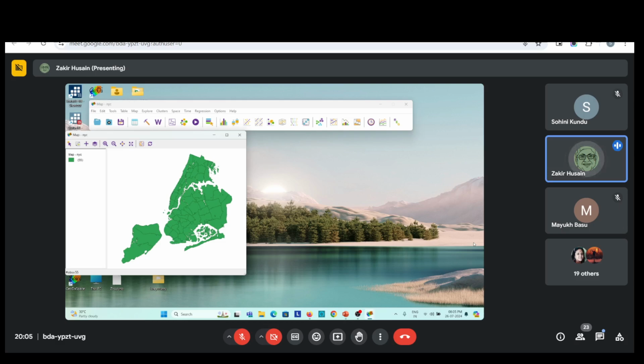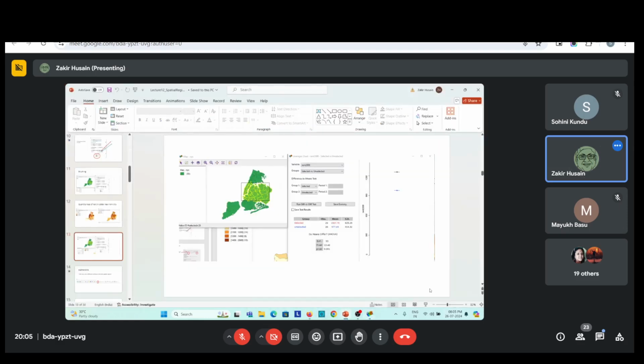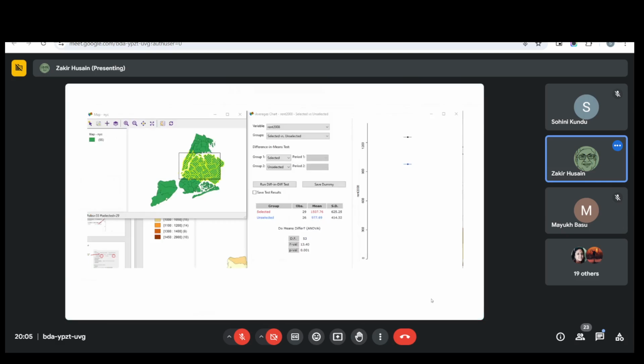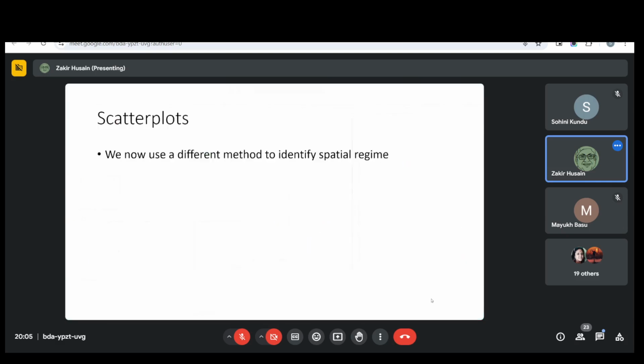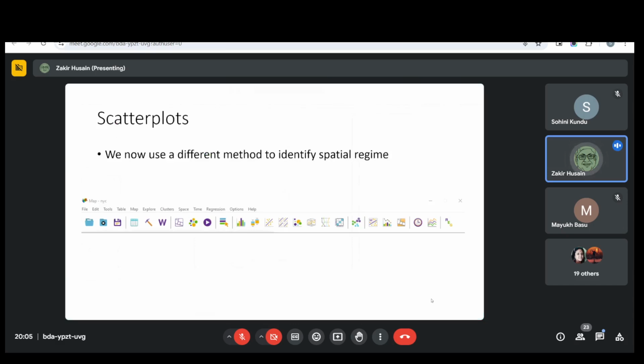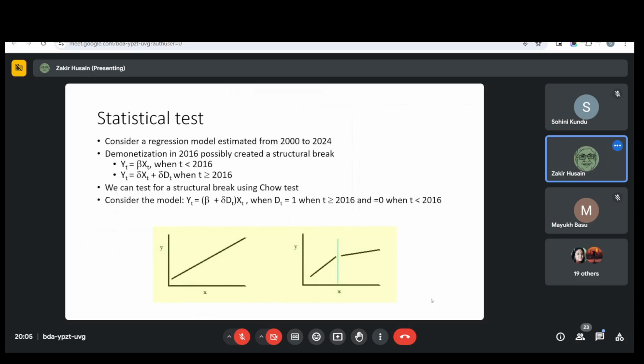So the next test, what we are going to do is use scatter plots, and scatter plots are given over here, just to the right of the box plots.